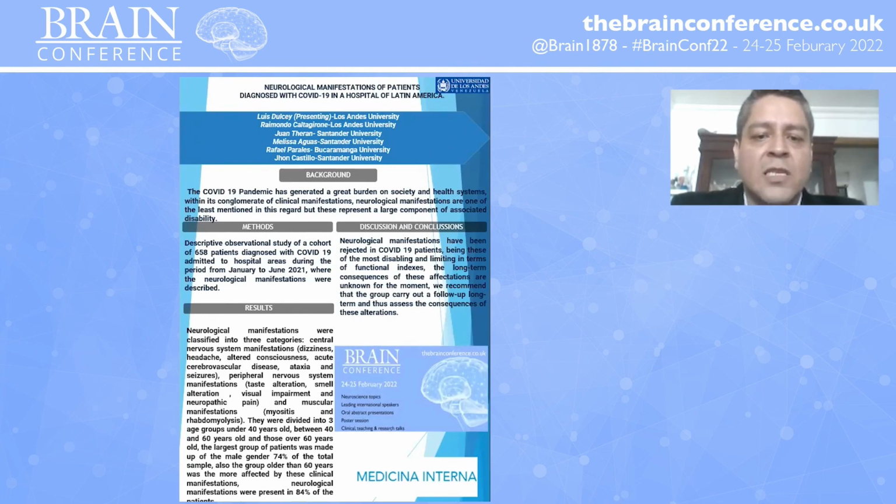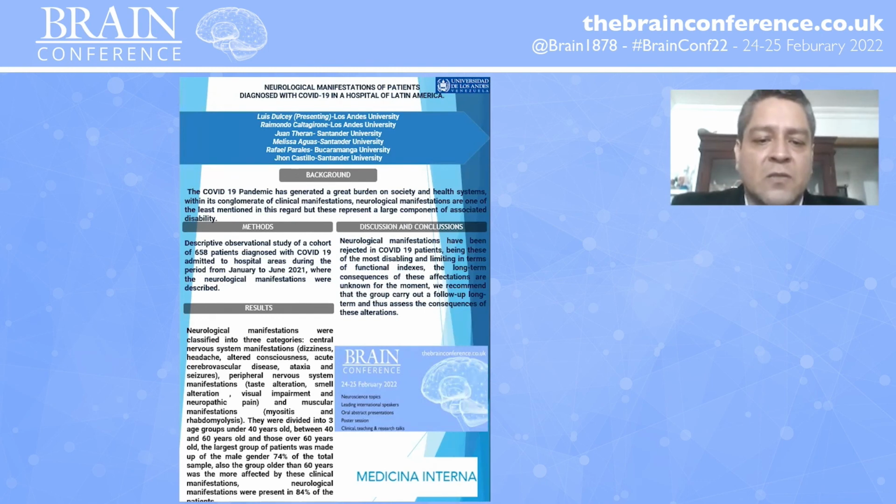Results: neurological manifestations were classified into three categories: central nervous system manifestations, like dizziness, headache, altered consciousness, acute cerebrovascular disease, ataxia, and seizures; peripheral nervous system manifestation; and muscular manifestation.